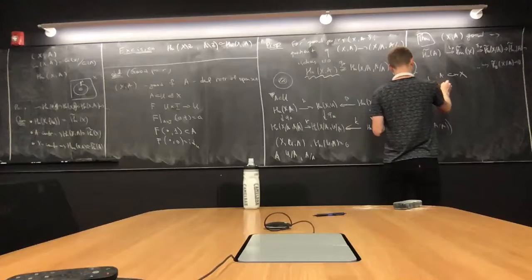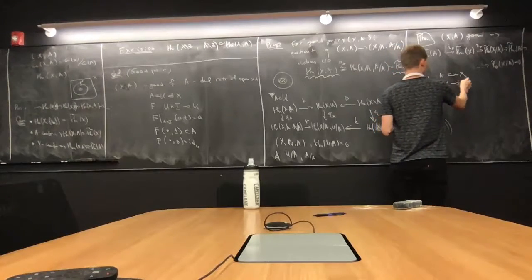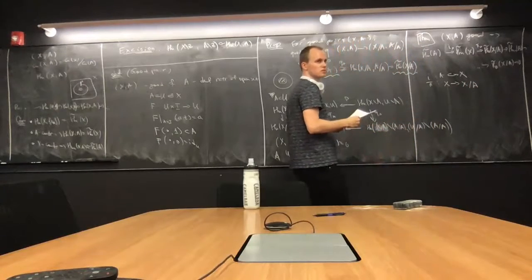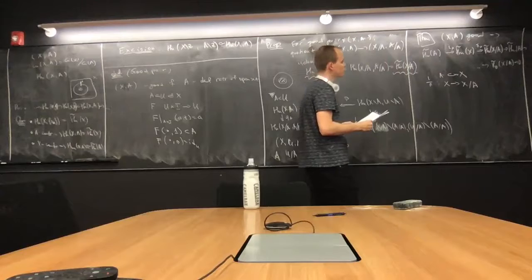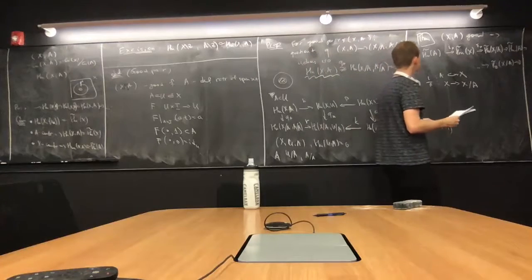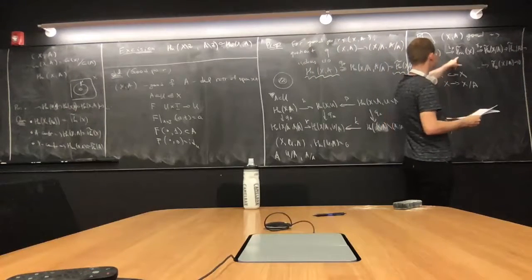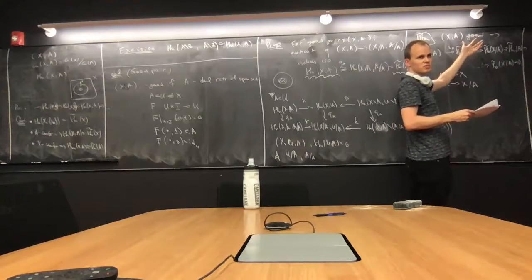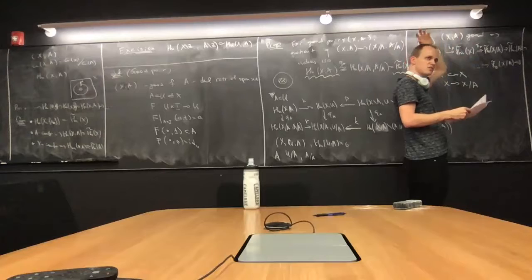And then phi is the projection, the quotient map. So every chain on X produces a chain on the quotient by just killing the parts that are contained in A.